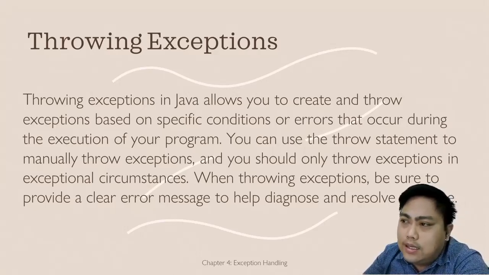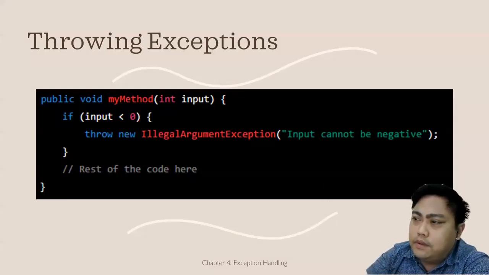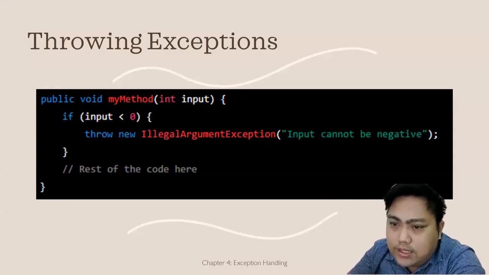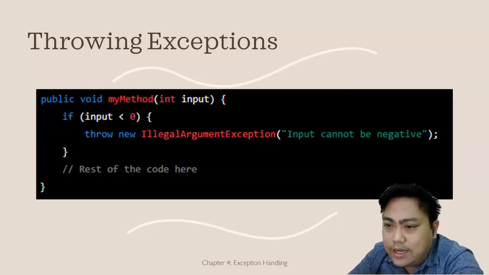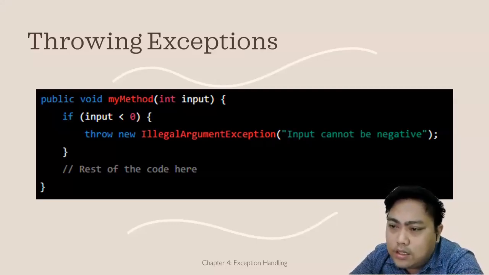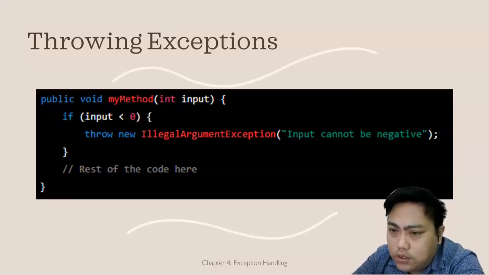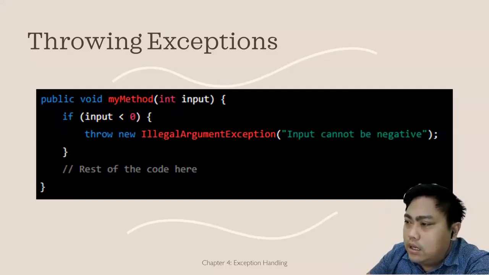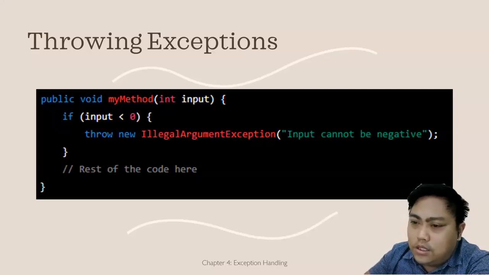So let's check this example. How can we throw an exception? In this example, if the input value is negative, an instance of the IllegalArgumentException class is created using the constructor that takes a string parameter. This is the IllegalArgumentException, and this is our message.